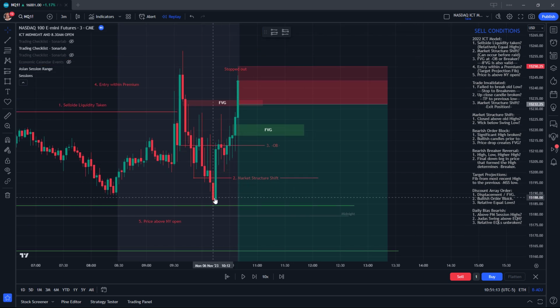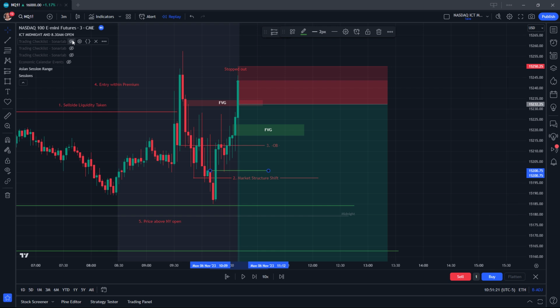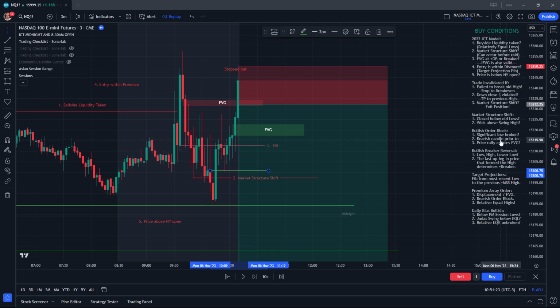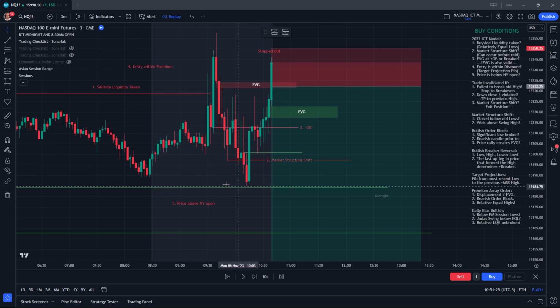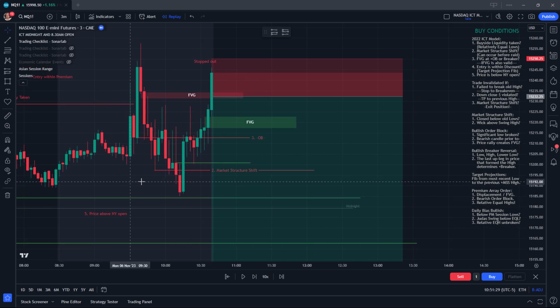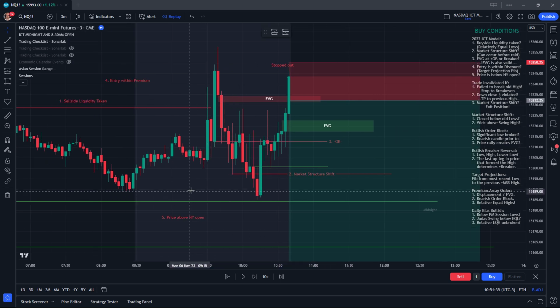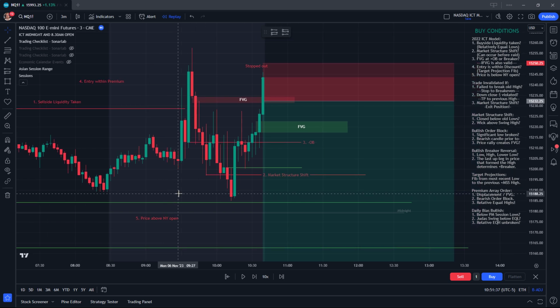So this here would be our bullish order block. I'll explain it again because it took me months to understand what an order block was. So a significant low was broken here. That's the first requirement. We can't just say an order block is anything. It has to have taken out a low that could have been viewed as support.